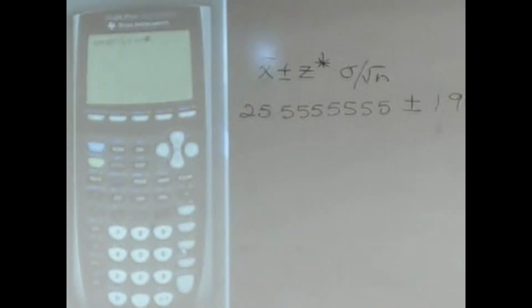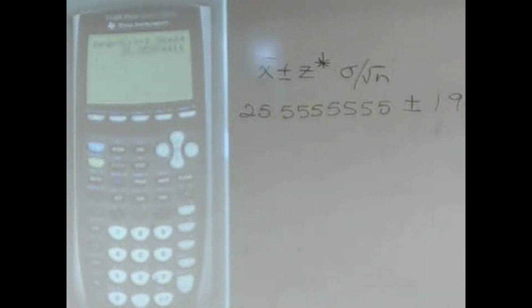Do the subtraction to get the lower bound. So 1.96 times 8 divided by square root of 18. And let's go ahead and round to the nearest tenth on this one.